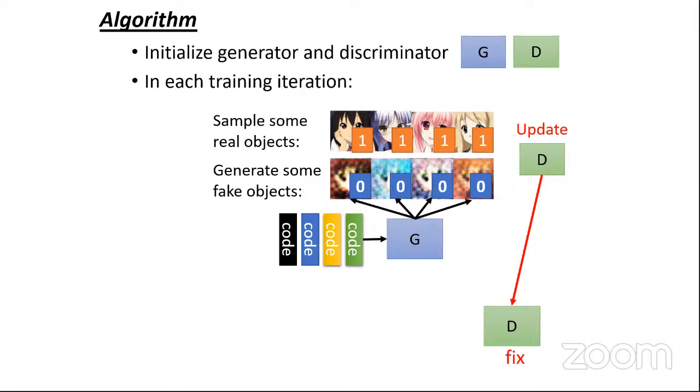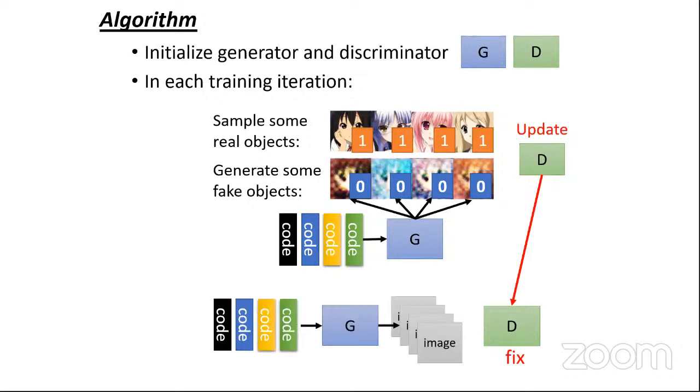Then the discriminator is fixed. Now the discriminator has already learned something, it is fixed. Now what happens? Now the generator generates a number of images. Based on the feedback from the discriminator, the generator weights are updated, until the generator is generating very good images, which could get almost a score of 1 from the discriminator.